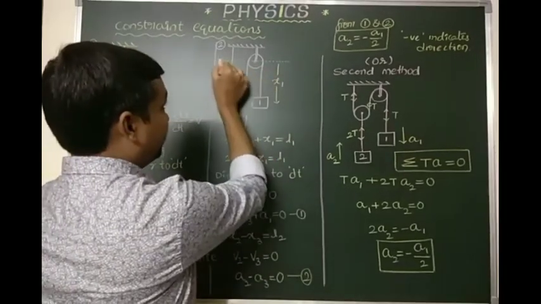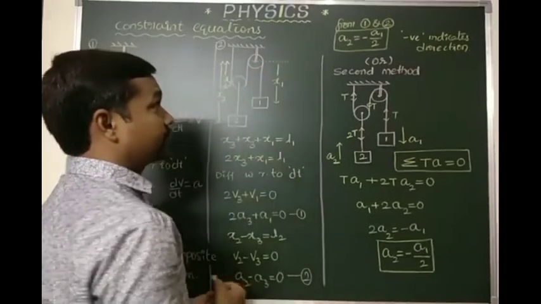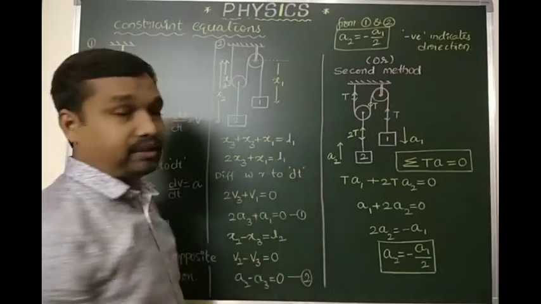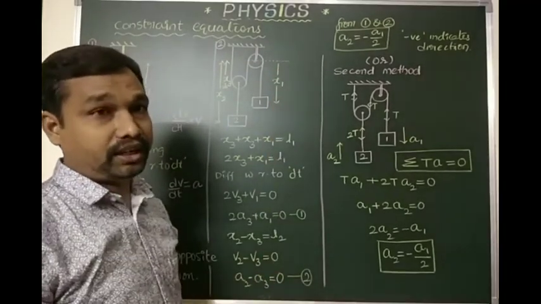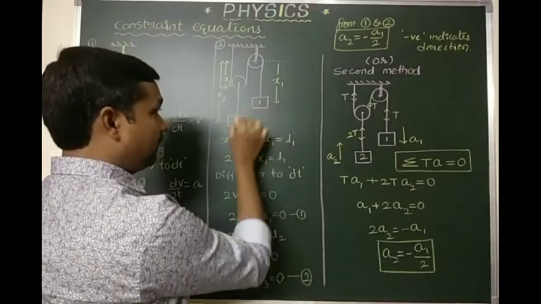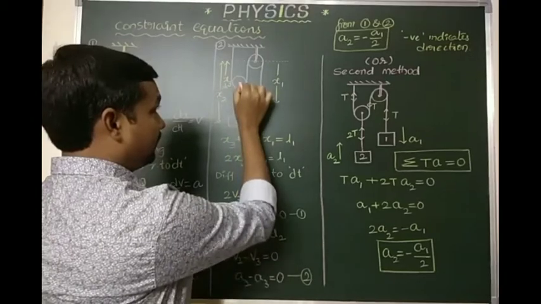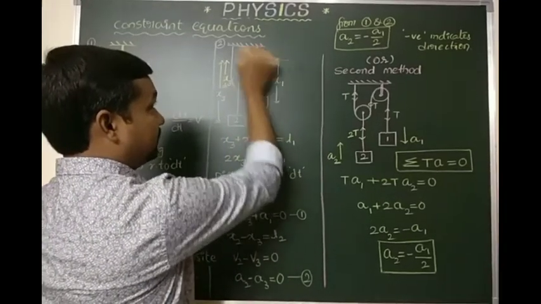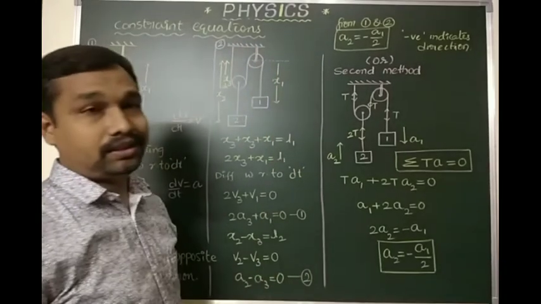Again we take one reference line so that we can calculate distance from the reference line. First we need to check which are movable. The first body is movable, the second is movable, and this pulley is also movable. And this one is fixed from the rigid support.